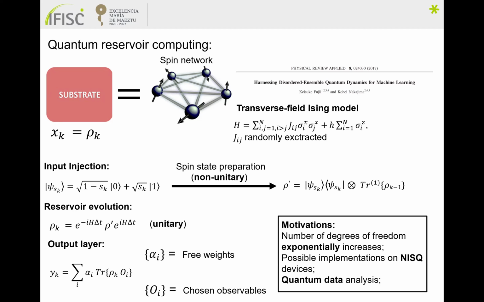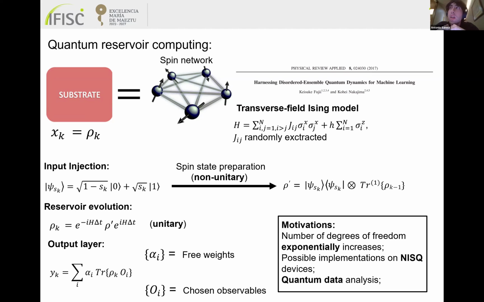I think that's the intuition you have there, right? For the non-unitary elements, we have formal rules that ensure that we have fading memory. And we know that if we work in this regime, the more degrees of freedom we have, the better the performance in solving time series tasks.